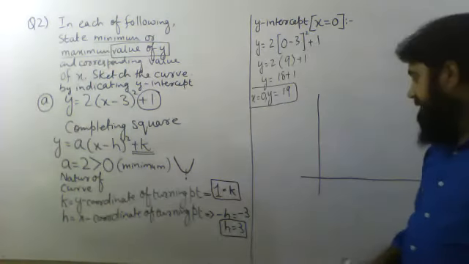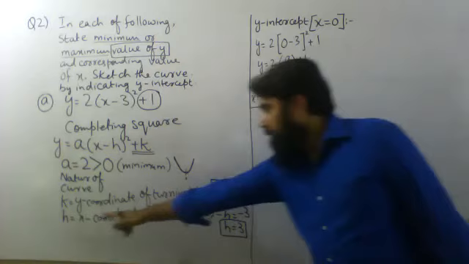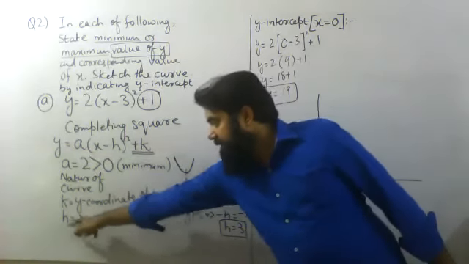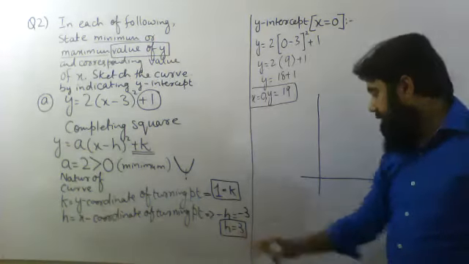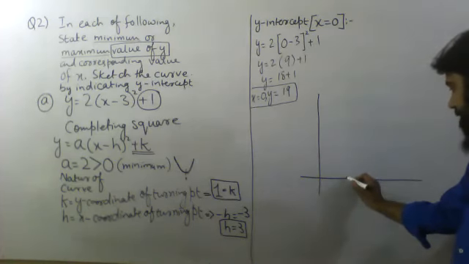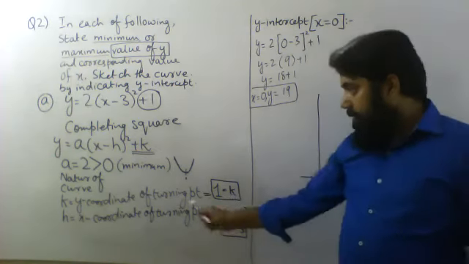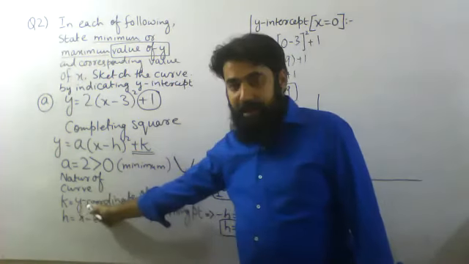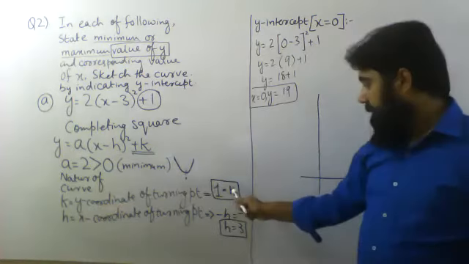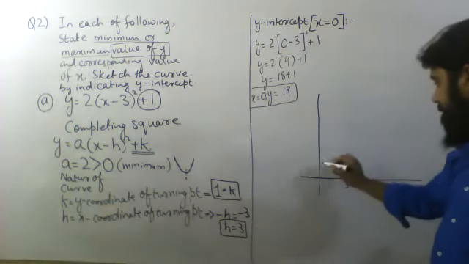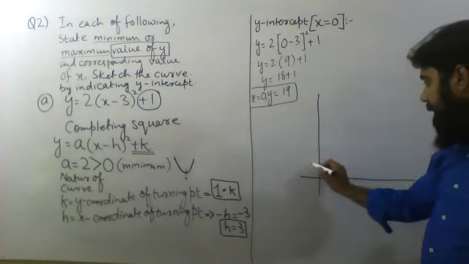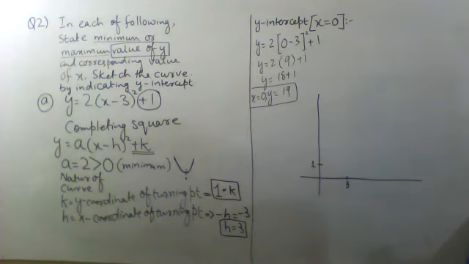So, rough sketching, h is the x coordinate, which is coming 3. So I am marking 3 over here. Just a rough sketching. k is the y coordinate, which is coming 1. So I have marked 1 over here.